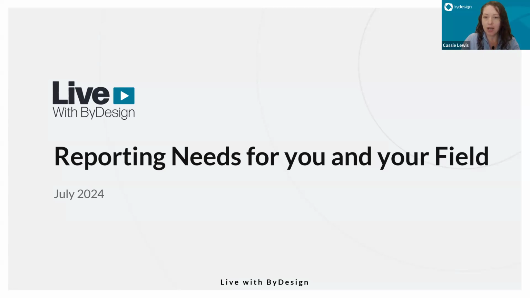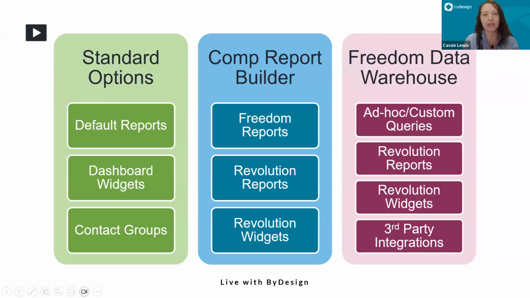Just to let you know, the topics that we're going to cover today, there's three main paths for reporting. There's going to be standard options, which are out of the box, free, configurable, available to all of our clients. There's a tool called the Comp Report Builder that is also free and available to our clients, but it is something that needs to be activated.